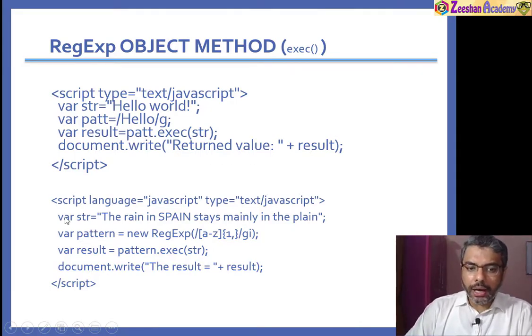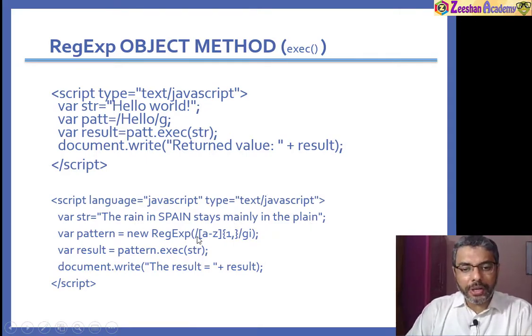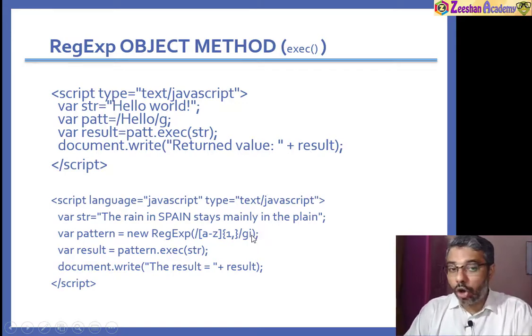Another way is that we specify, for example, variable string, "The rain in Spain stays mainly in the plain." Okay. Variable pattern, new RegExp [a-z]+ with flags g and i, global and ignore case. Okay. So this basically means search alphabets, at least one character, global, and i is for ignore case.